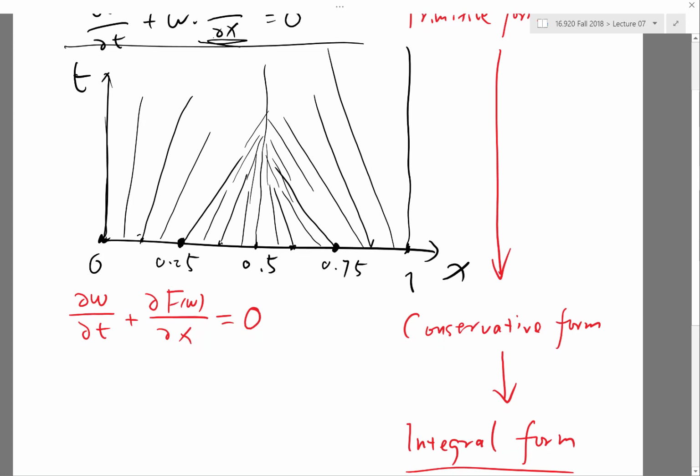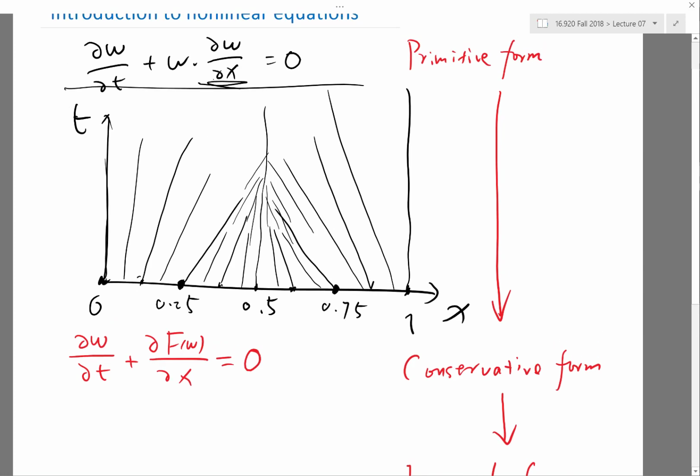But if you integrate the derivative of f over space, the derivative goes away, right? And if the derivative to x goes away, it doesn't matter if the function is discontinuous in x or not. So that's the idea.